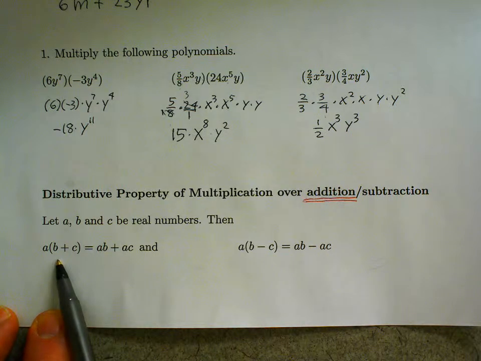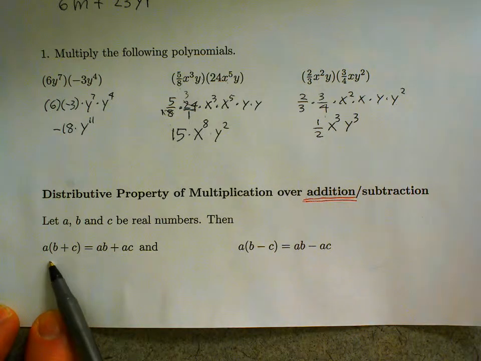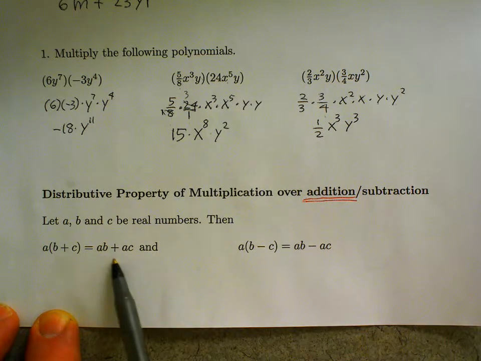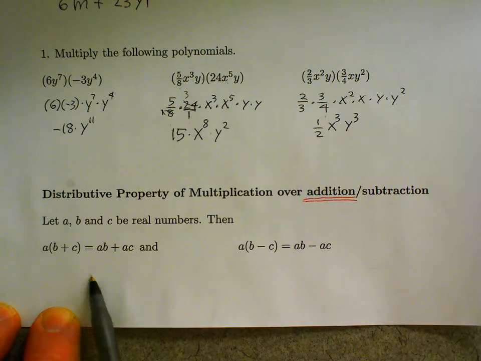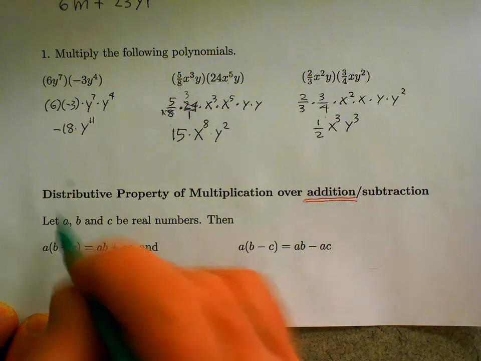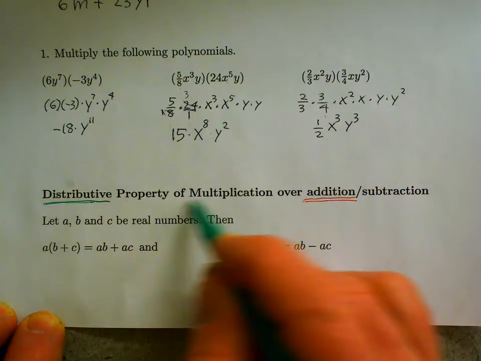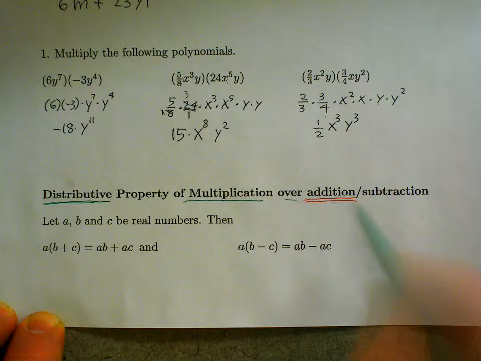Okay, so here's how the property is stated. Let a, b, and c be real numbers. Then a times the quantity b plus c is equal to a times b plus a times c. So you can see why it's called the distributive property of multiplication over addition.